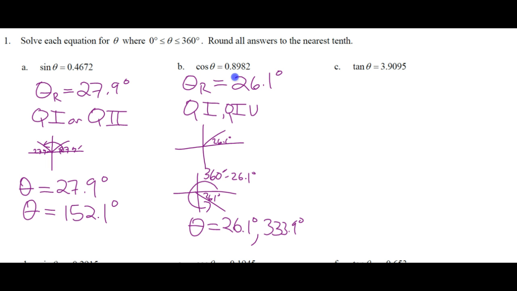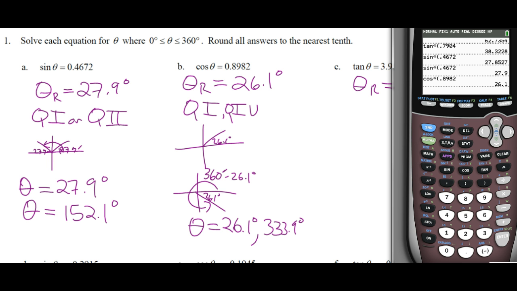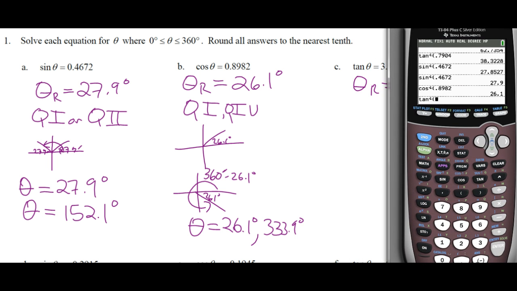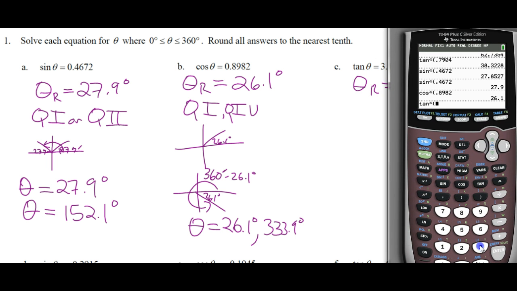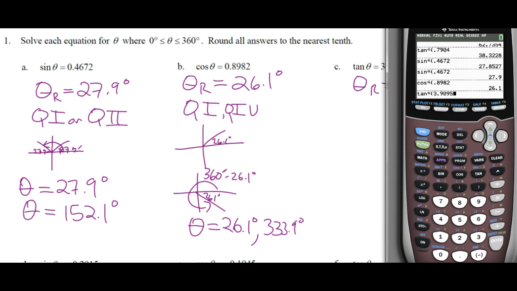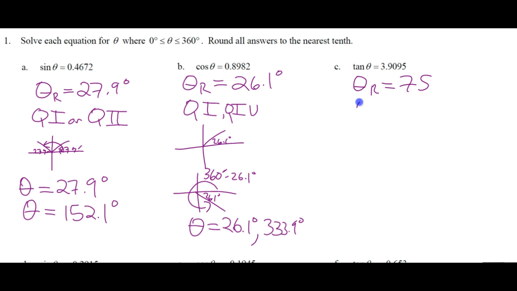Tan theta. Tan theta is positive. Second, I put in a brace bracket. And 3.9095. Scoop that up a bit. 75.7. Okay.